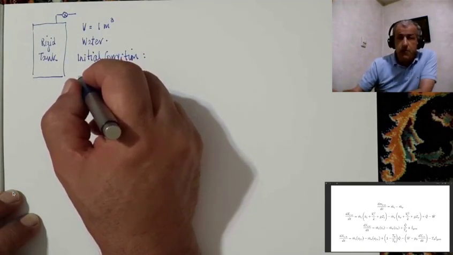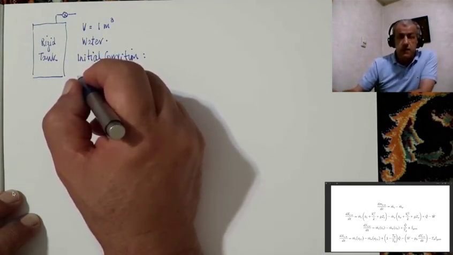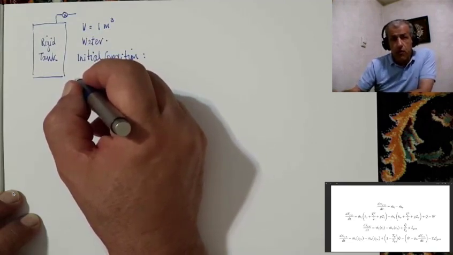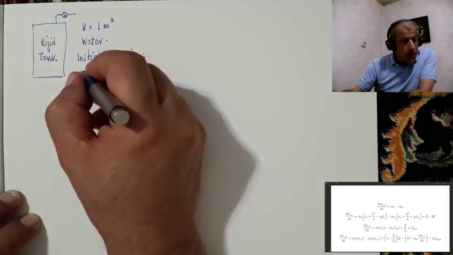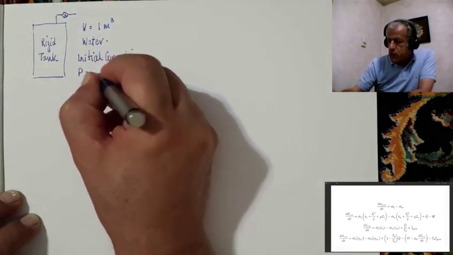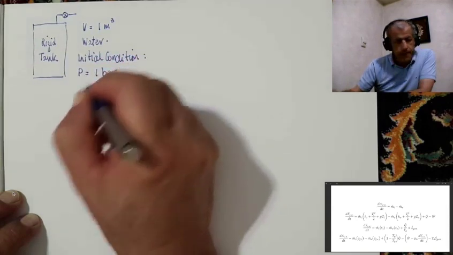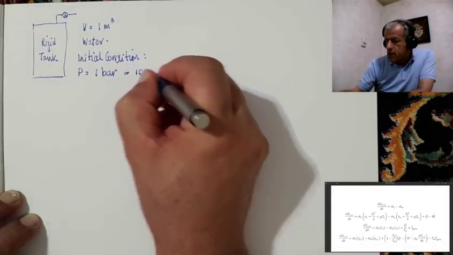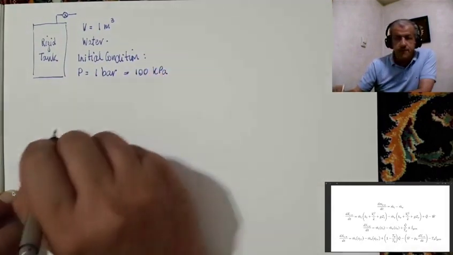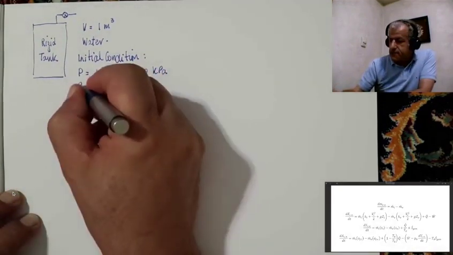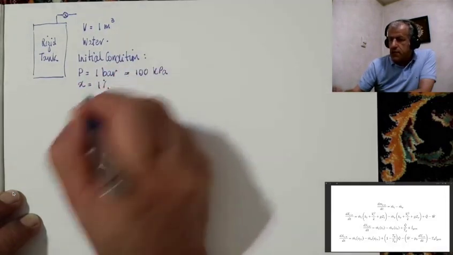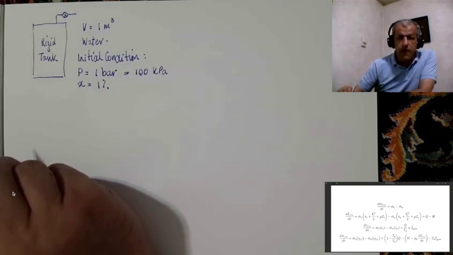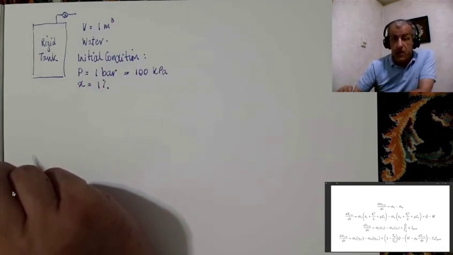Two independent properties are enough to define the state. The two independent properties for the initial condition are P equals 1 bar, which is equivalent to 100 kilopascals, and X equals 1%. These two are independent, and therefore they define the initial state.